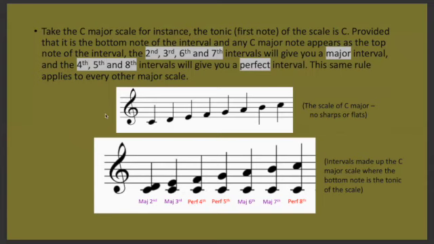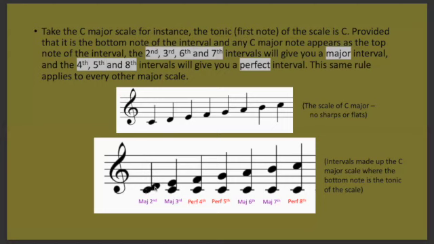Let's have a look at the illustrations below. Here is a written out scale of C major, which has no sharps or flats. And here we have the bottom note of the interval being the note C, because it is a C major scale.